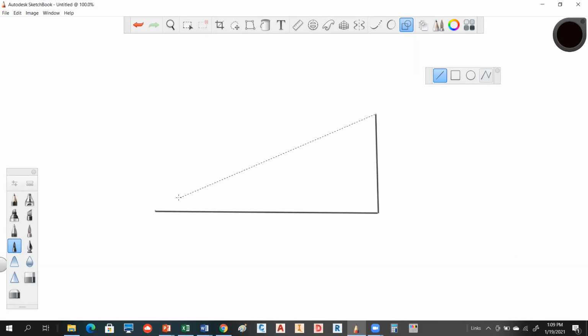If I assume I have a triangle here, and this is the horizontal plane, and this line represents the vertical plane, and this would be a skewed plane.